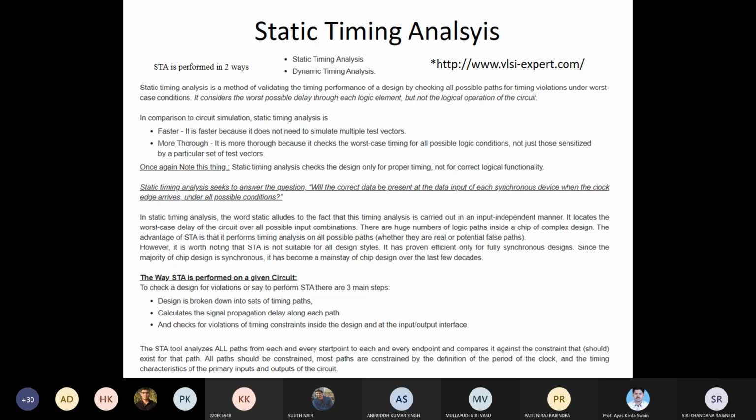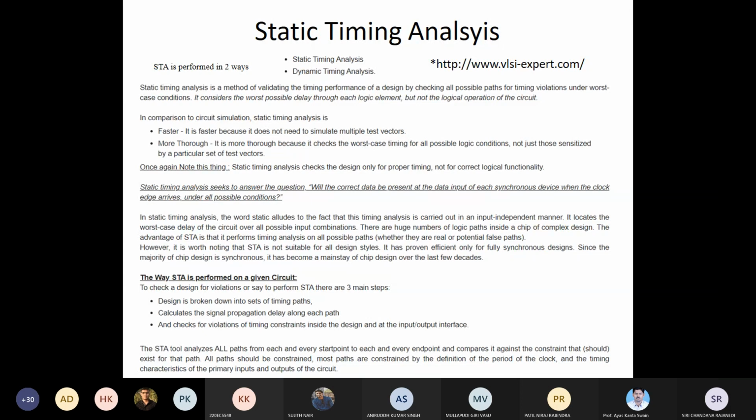Okay. So once the gate level netlist is with you, that gate level netlist is fed with timing constraints to timing analysis tools like PrimeTime, and those tools perform the timing analysis. While performing the timing analysis, they find all the possible paths, and check whether all the possible paths are meeting their timing requirements or not. Okay, so it is not like you have to sit and do everything on your own at your office or on your laptop.